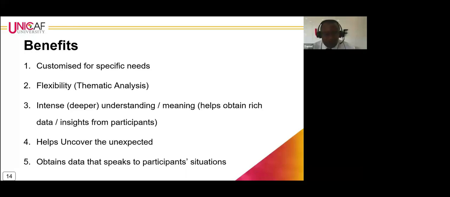The fourth one, it's possible we can uncover the unexpected. In one village where we used Paulo Freire's generative theme approach, we actually established that there is a cultural practice where girls, before being married off, have a night with their fathers, biological father, a trend that we see today in Zambia in the media.